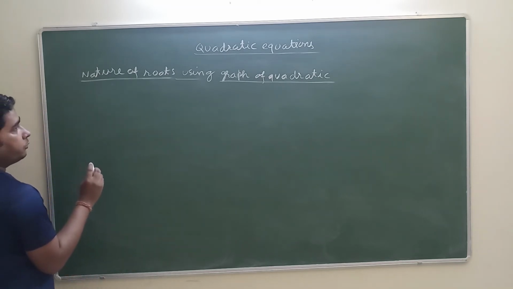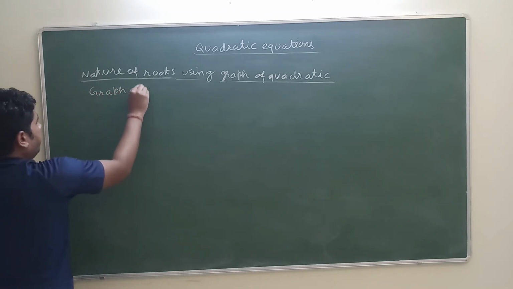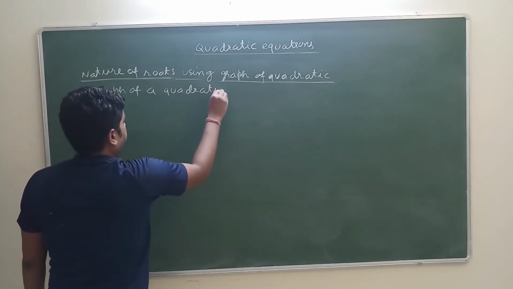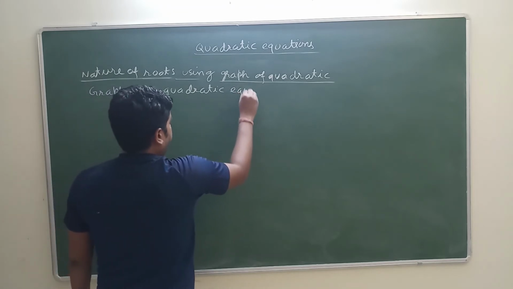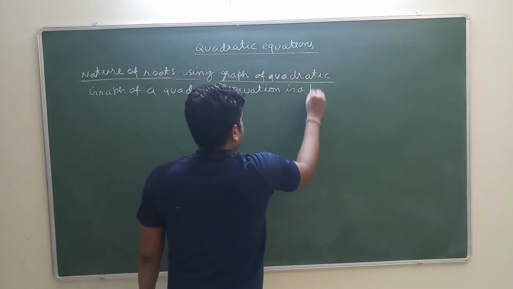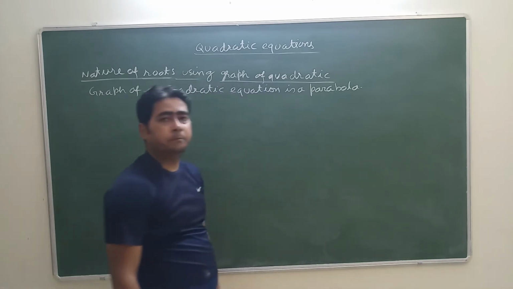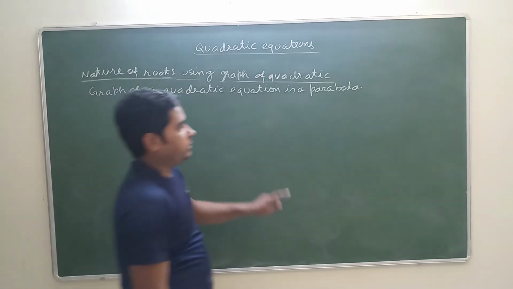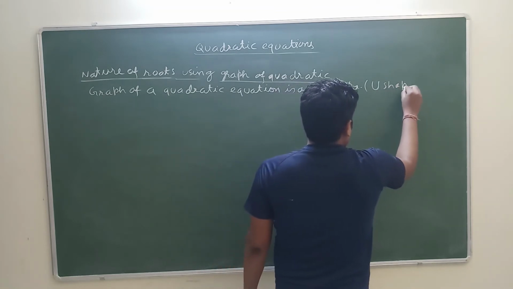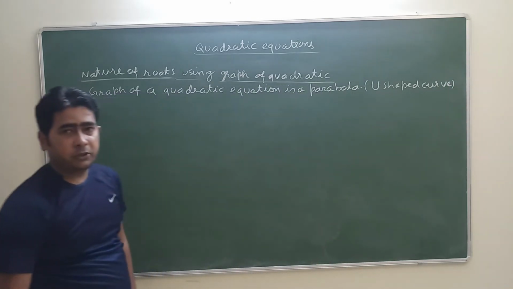So the first thing which we need to understand is that the graph of a quadratic equation is a parabola. A parabola is a U-shaped curve. Okay, a parabola is a U-shaped curve.